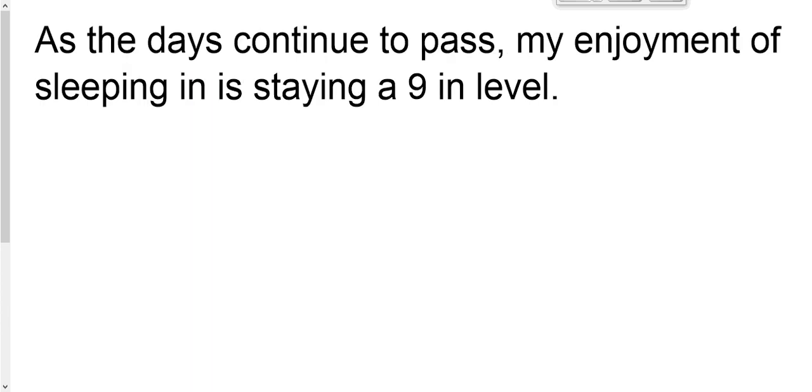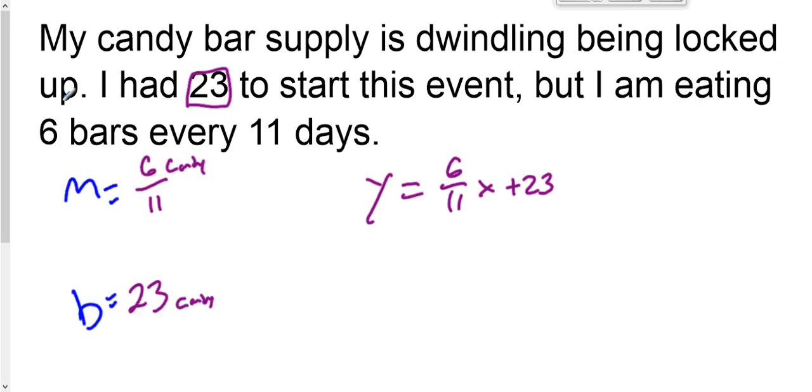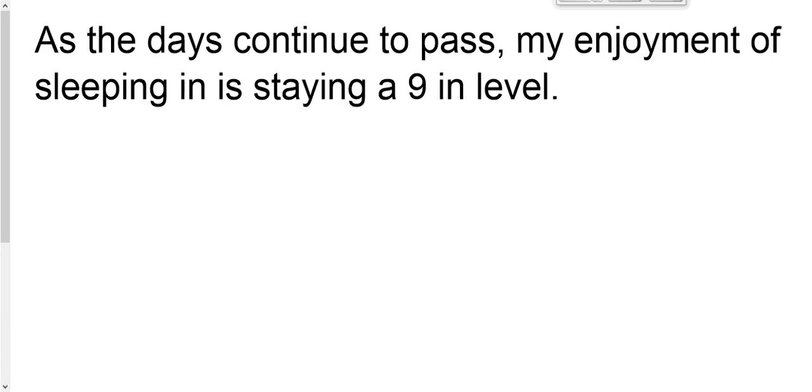As the days continue to pass, my enjoyment of sleeping is staying a level 9. This one's a little more of a challenge one. So as days continue to pass, my enjoyment doesn't seem to change. So the thing that's missing is I don't have any change. Nothing's changing. So in this problem, there is no m.